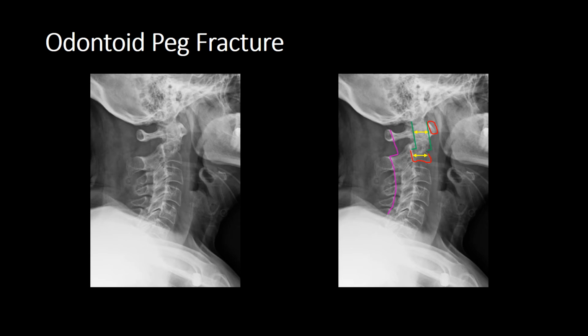So now we want to look at our soft tissue line. So we come down, this is our pre-vertebral soft tissue line, and it comes round here. So it should be 7 at C2 and 22 at C7.